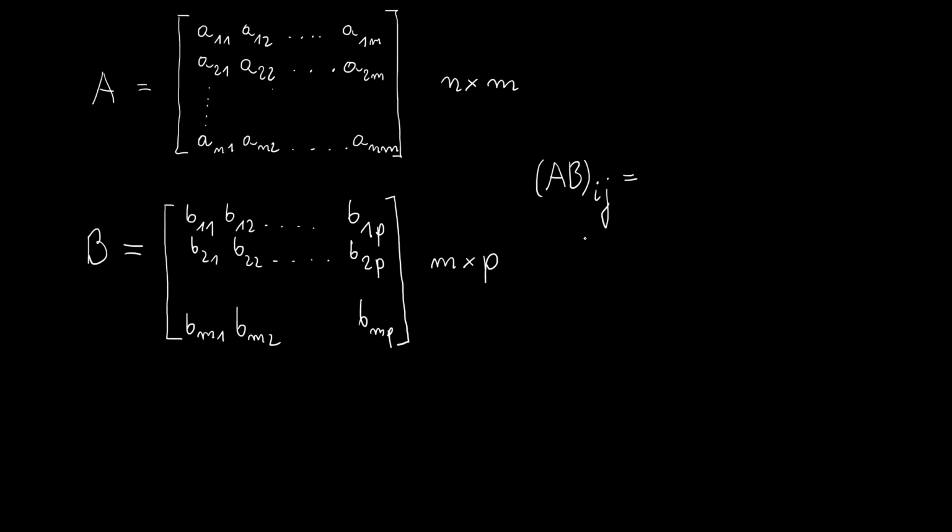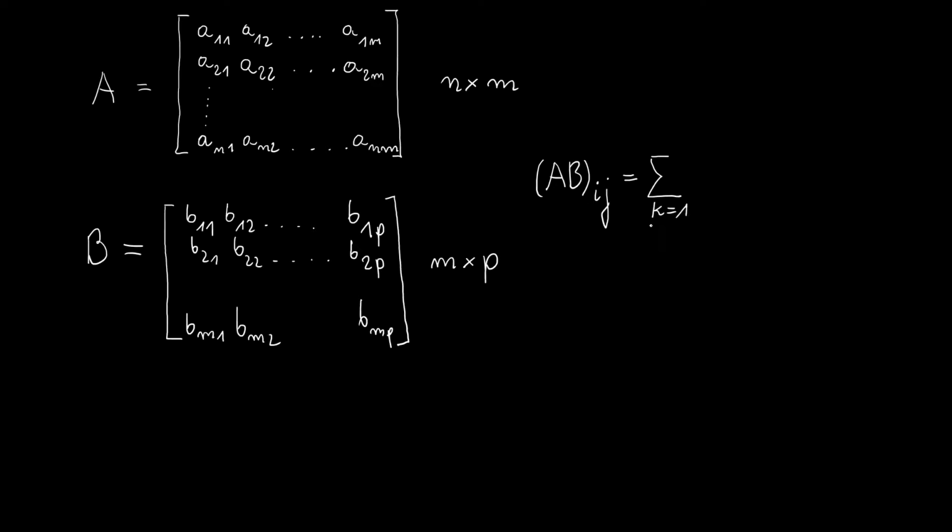So remember, we need to take the ith row and jth column, multiply relevant elements and add them all together. So we will be adding over index k.